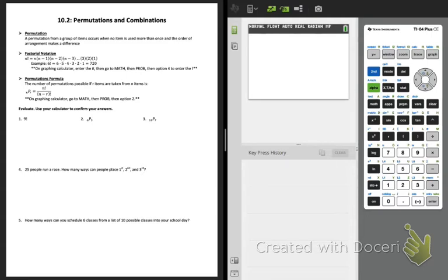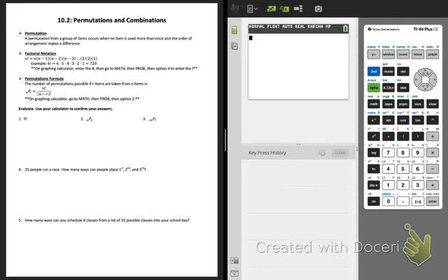So you can see here on the screen, factorial notation. If I have something like 6 factorial, factorial is represented by an exclamation point. 6 factorial is the same as doing 6 times 5 times 4 times 3 times 2 times 1, which when you solve that, you get 720.